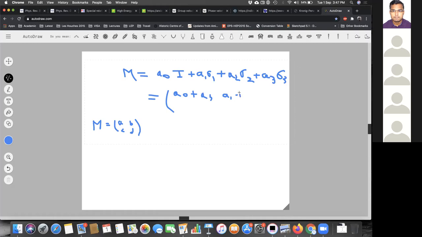I normally forget whether it's minus i or plus i. Sigma 2 is 0 minus i, i 0, so minus i. Then this should be minus A1 plus iA2.